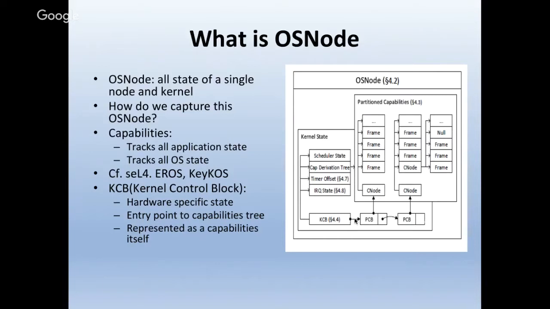Capabilities are typed to reflect what the memory is used for. So a frame capability refers to memory that the holder can map into their address space, while a CNode capability refers to memory that is used to store the bit representation of capabilities themselves.